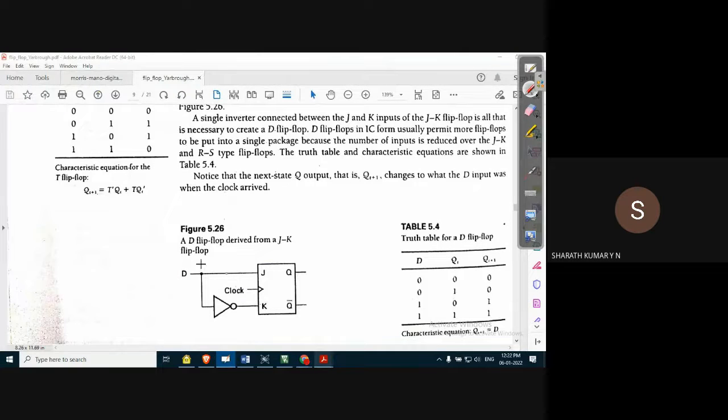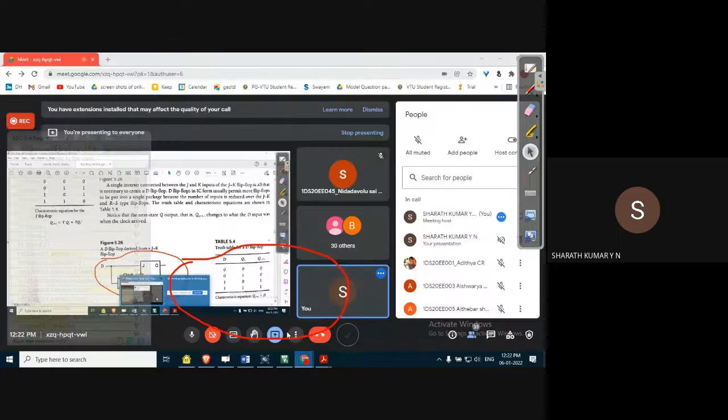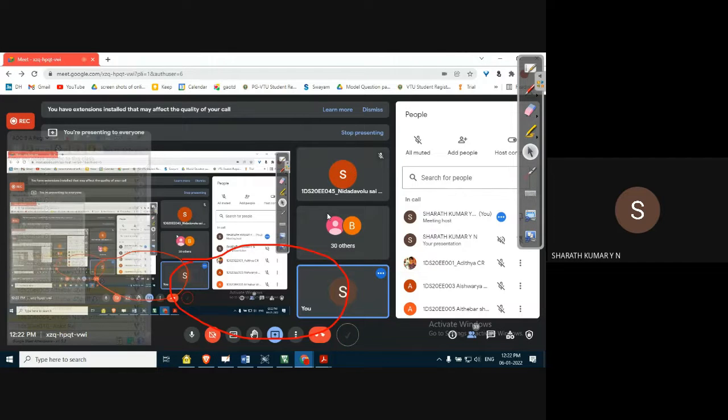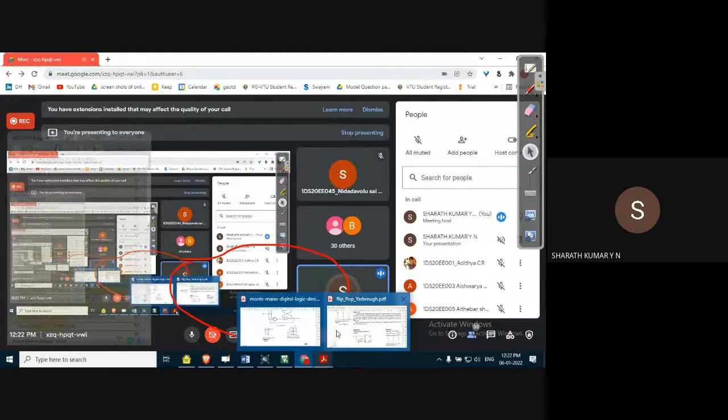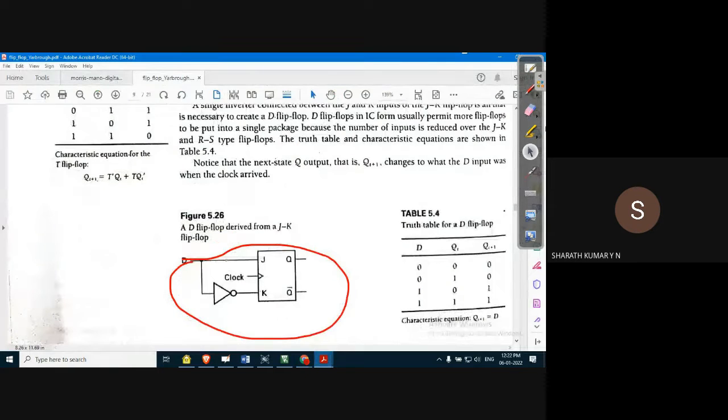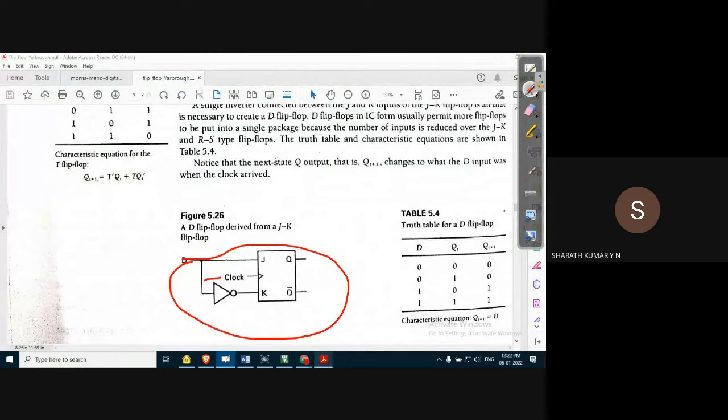So this is the JK flip-flop, which is modified into the D flip-flop. D for data flip-flop. We use a NOT gate. A NOT gate can be implemented using a NAND gate or a NOR gate. And this symbol indicates it is a clock pulse.